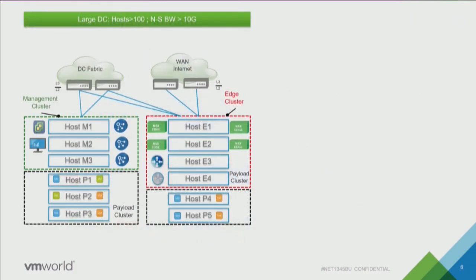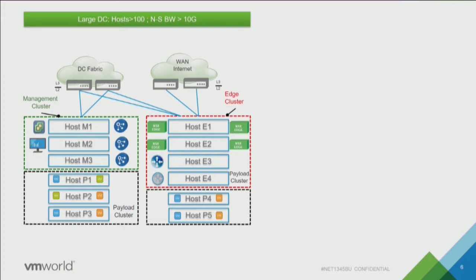Okay, so let's take a look at the large data center, how a large data center is being built today, right? If you look at this diagram, you will see different vSphere clusters. So you have the management cluster. This is where you have your vCenter and NSX manager. Then you have your edge cluster, so you're deploying edge services gateways over there in the edge cluster.